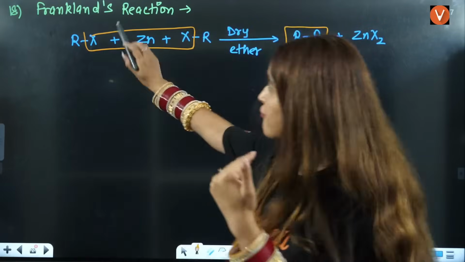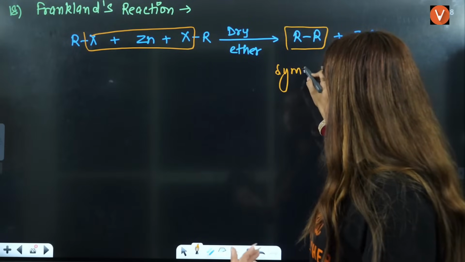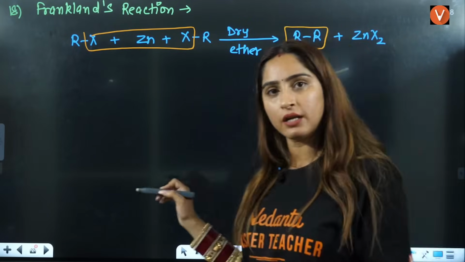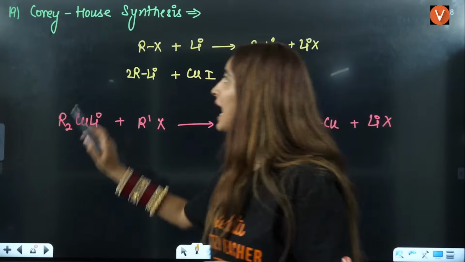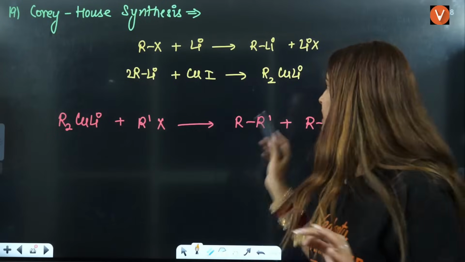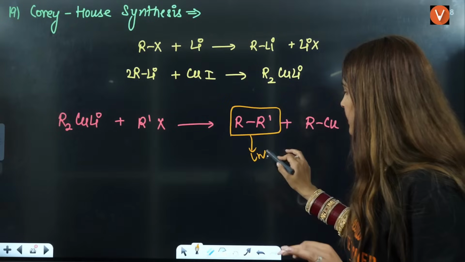In Frankland also we are only getting symmetrical alkanes. So we want to get unsymmetrical; our target is to get unsymmetrical. For that we have Corey-House synthesis, where you get the formation of unsymmetrical alkanes.